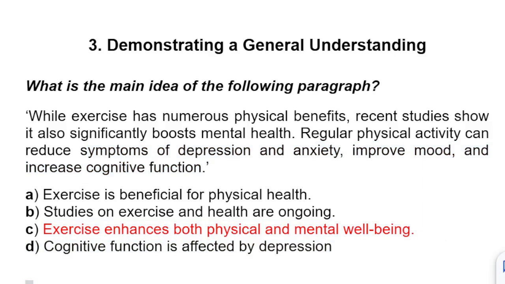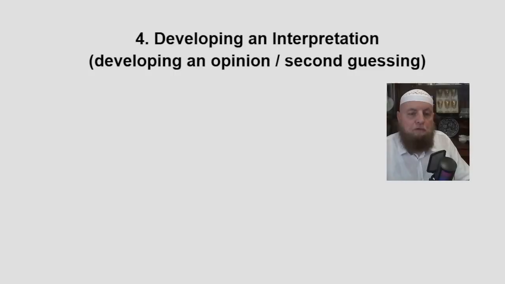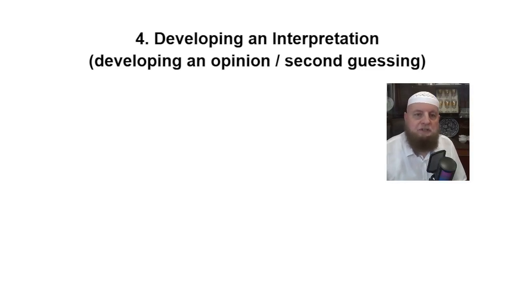Number 3, demonstrating a general understanding of paragraphs and texts. The fourth question type or skill is developing an interpretation. In brackets here, you see developing an opinion or second guessing. An easy example would be from my tone of voice.